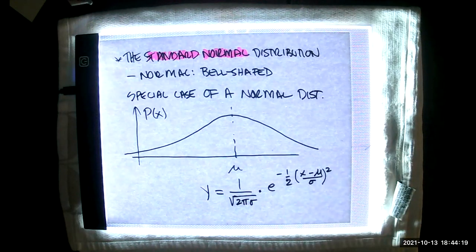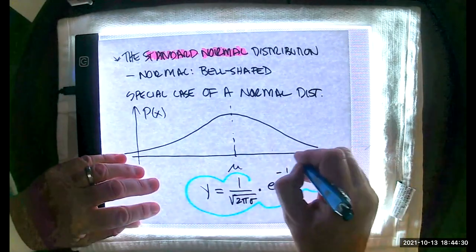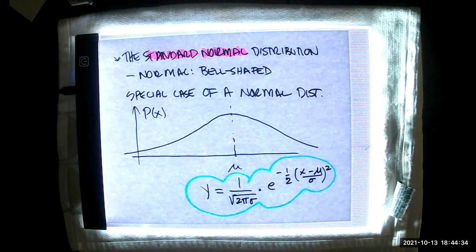It's a crazy formula. Fortunately, our calculator knows this formula very, very well, and it's not hard to utilize. So a normal distribution follows that formula.